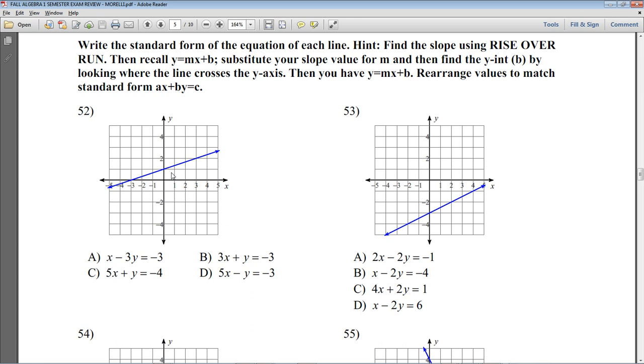Now it's time to look at this and think, how do I get to a point where the line actually hits right in the center of all those intersecting grid lines? I've got it happening right here, and I've got it happening over here on the x-axis.